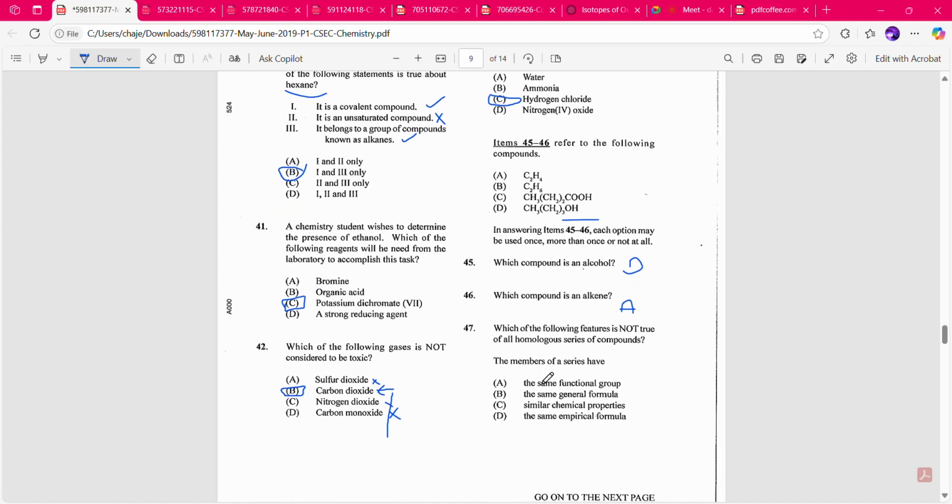So the following features is not true of all homologous series of compounds. The members of a series have the same functional group. They have the same general formula. They have the same empirical formula. They have similar chemical properties.